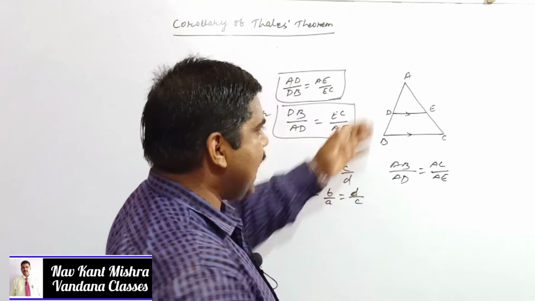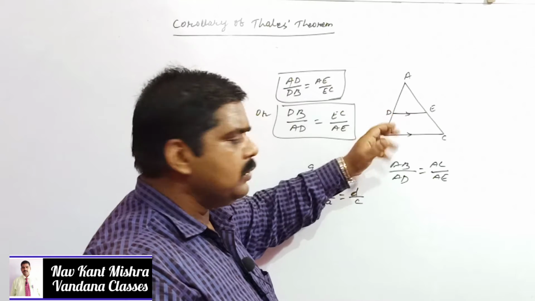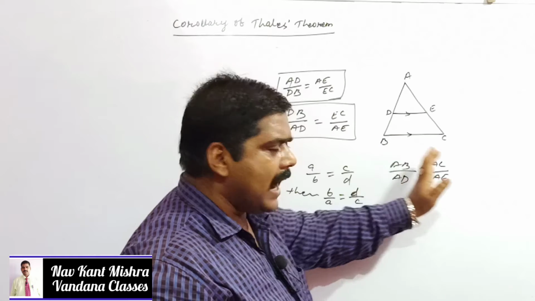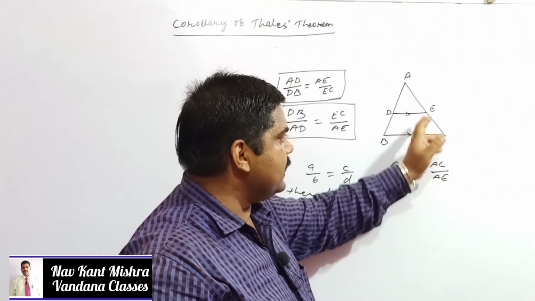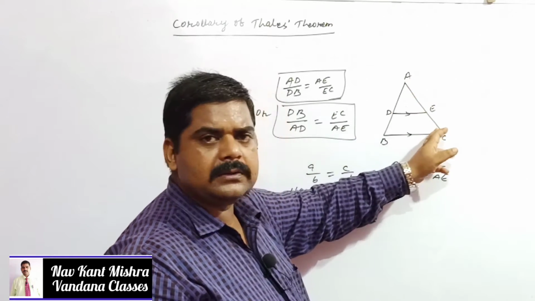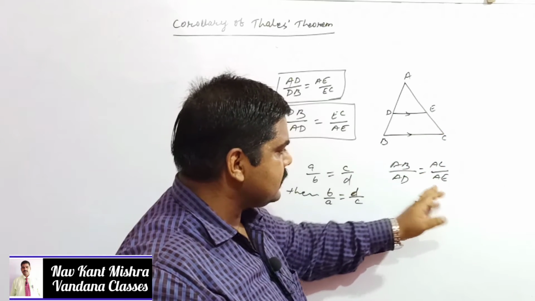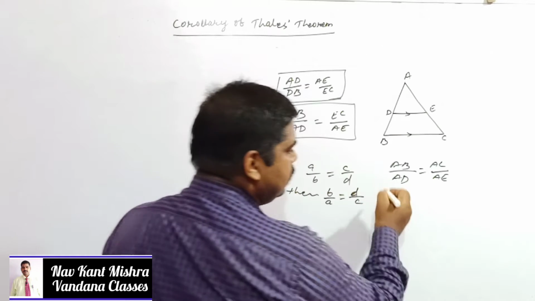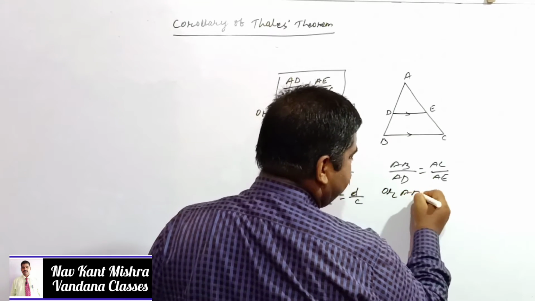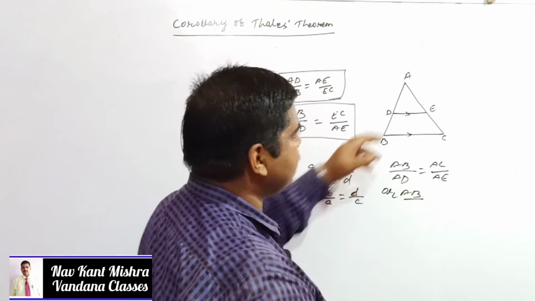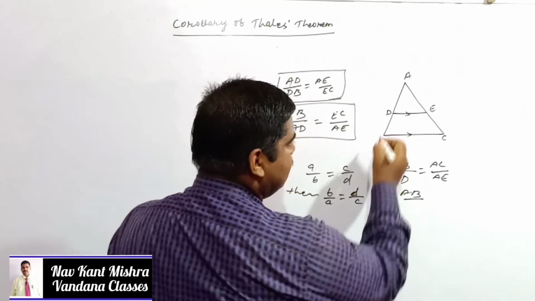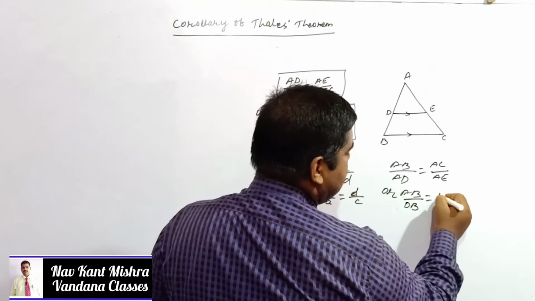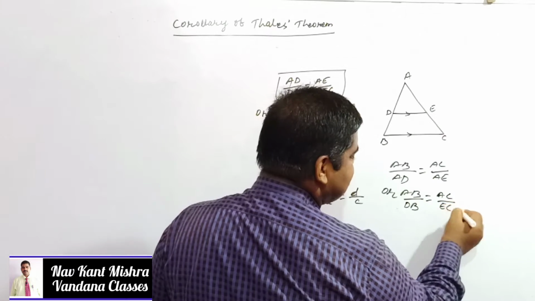The ratio of a side to its part is also equal to the ratio of the third side to its part, that is what the corollary tells. Or you may take the lower part, that is AB upon DB is equal to AC upon EC.